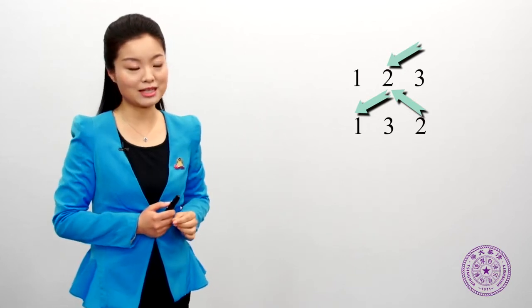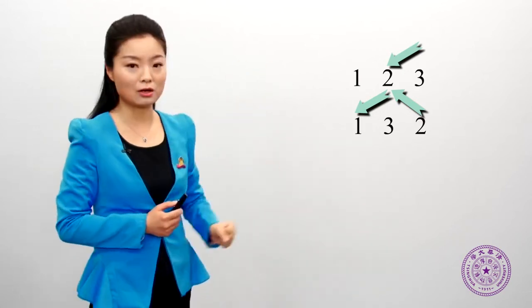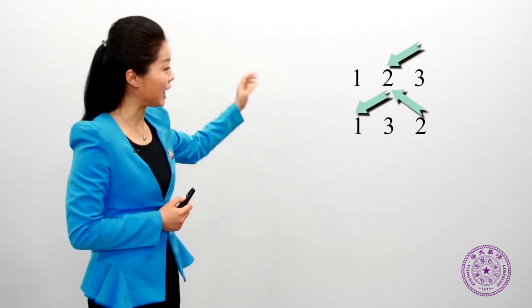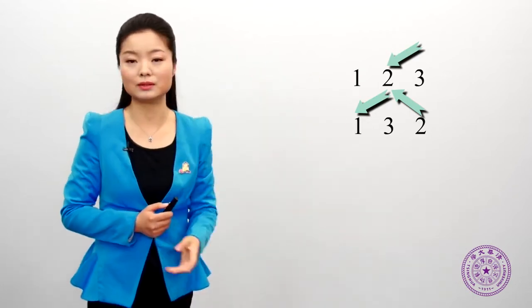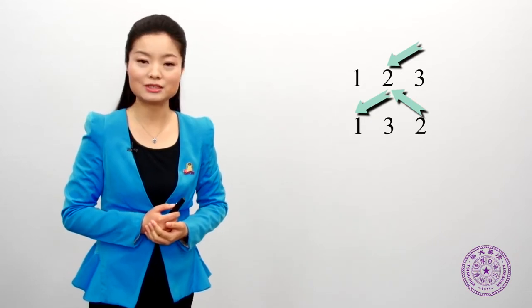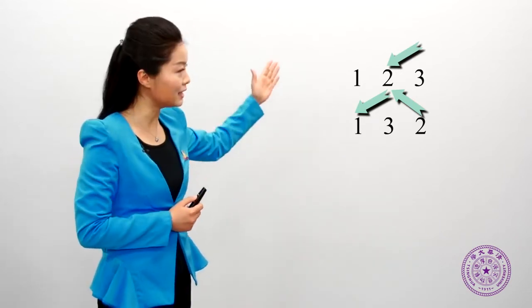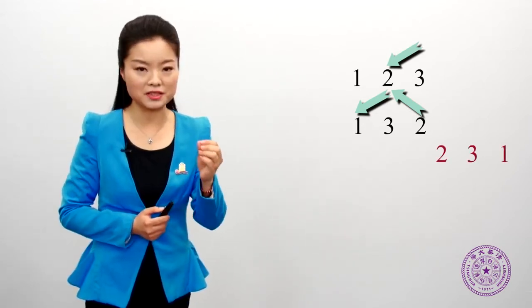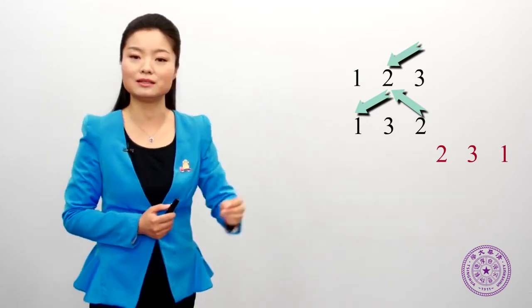For example here, if I exchange 1 and 3, we would change the prefix too much. So we choose the smallest number among those that are larger than 1. So we would exchange 1 and 2 in 1, 3, 2 to get 2, 3, 1. Is 2, 3, 1 only a little bit larger than 1, 3, 2?